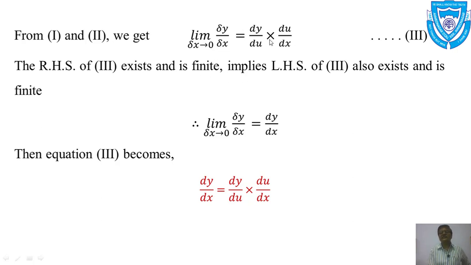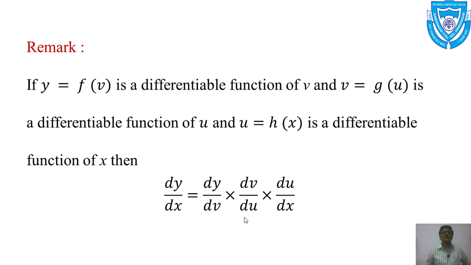Now the limits on the right hand side exist, therefore the limit on the left hand side must exist, and therefore y is a differentiable function of x. We can write this limit on the left side as dy by dx, and therefore dy by dx is equal to dy by du into du by dx. This rule is called the chain rule.